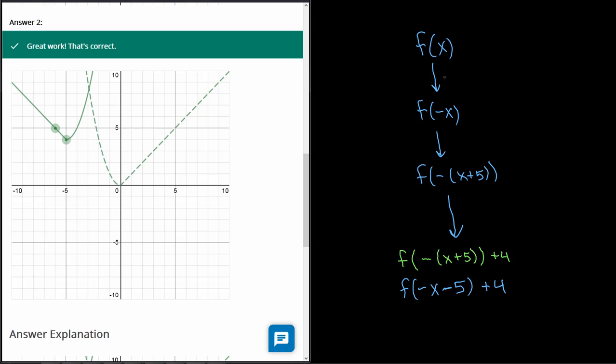Now I just record what each transformation is. This is a y-axis flip. This was to go from here to here: a shift left by 5. And finally, this was a shift up by 4. So it's the same answer we got before.